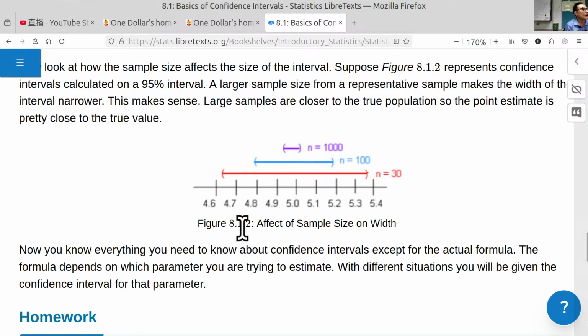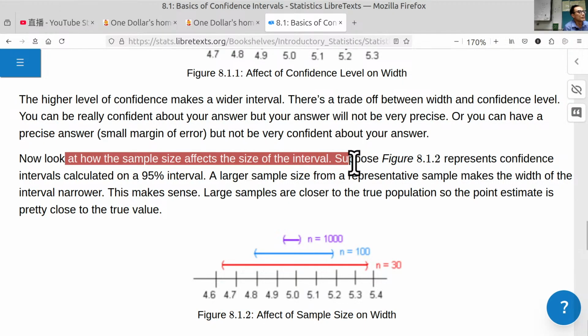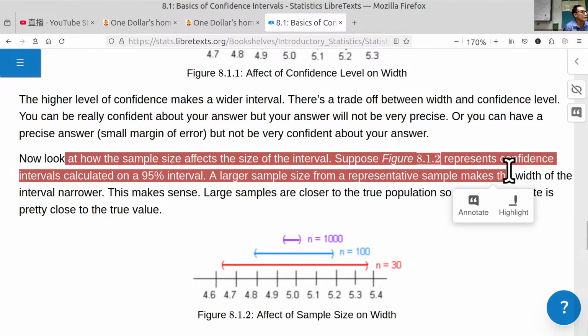And this one, the effect of sample size on the width. Let's check here. Now look at how the sample size affects the size of the interval. Suppose figure 8.1.2 represents confidence intervals calculated at a 95% level.